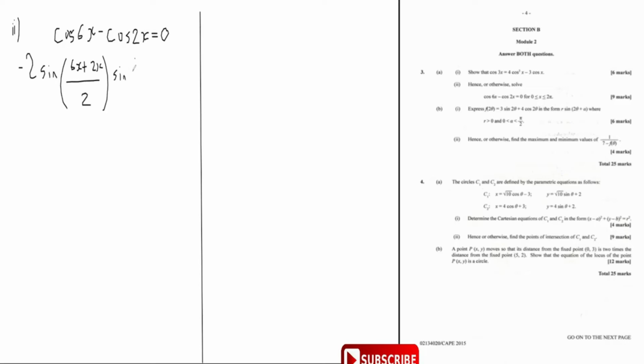Half the difference is 6x minus 2x over 2. And that is, of course, equal to 0.